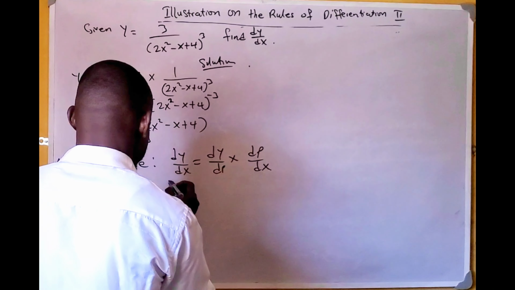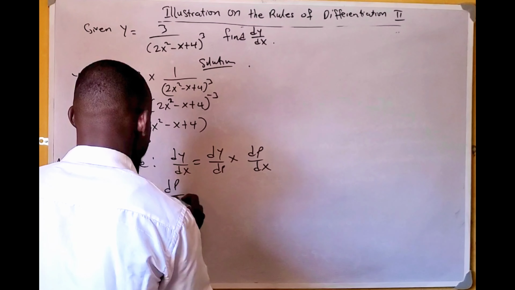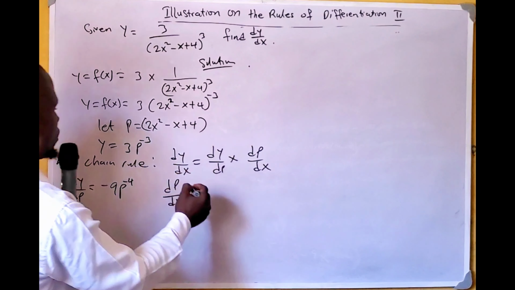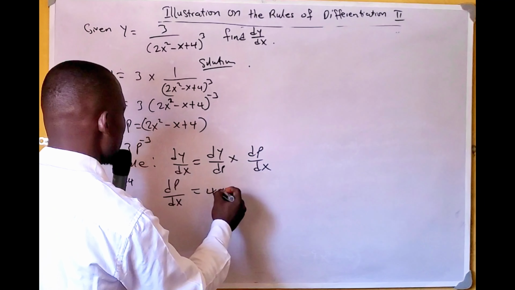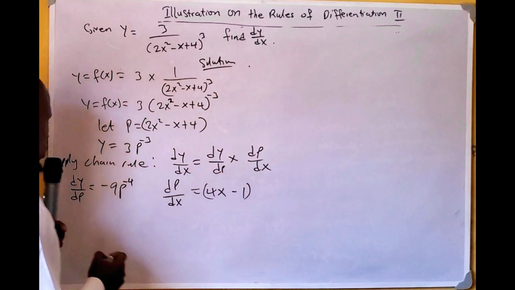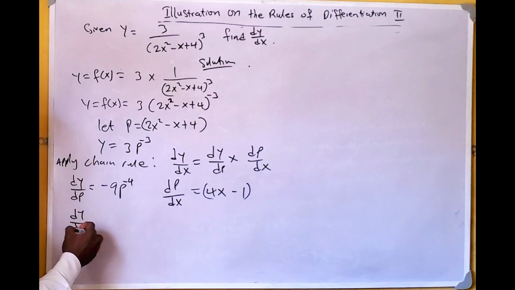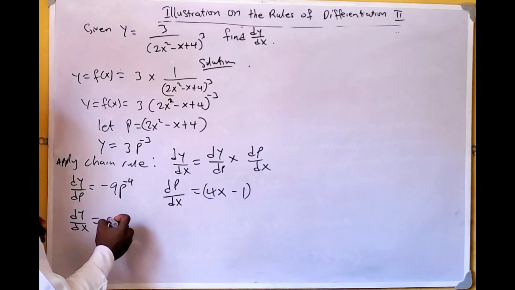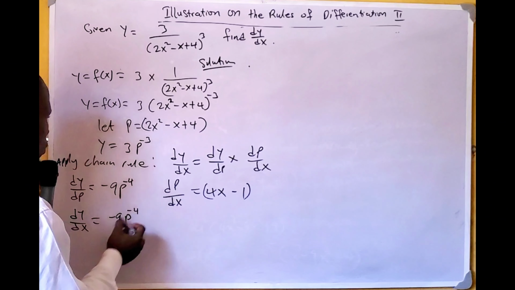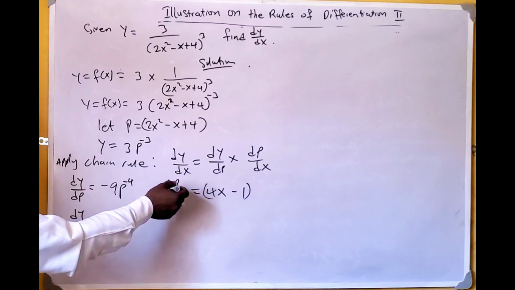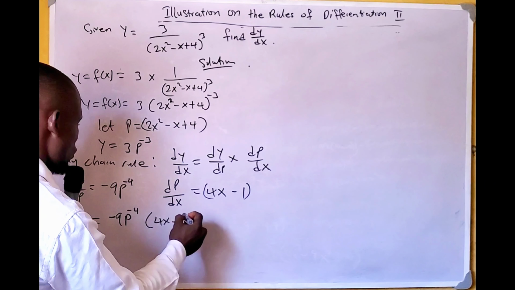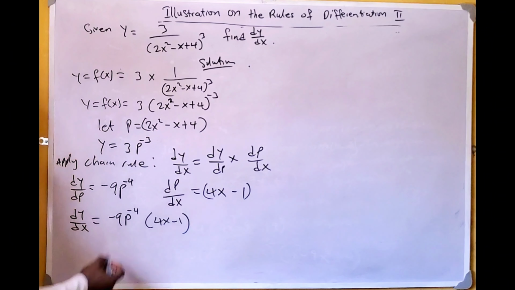Then what is our dp/dx? This is p with respect to x, this equals to what? 4x minus 1. So our dp/dx is 4x minus 1. So therefore our dy/dx will then be what? Minus 9p raised to the power minus 4. Recall, it's equal to dy/dp times dp/dx, into bracket 4x minus 1. That is a multiplication. What's our p?